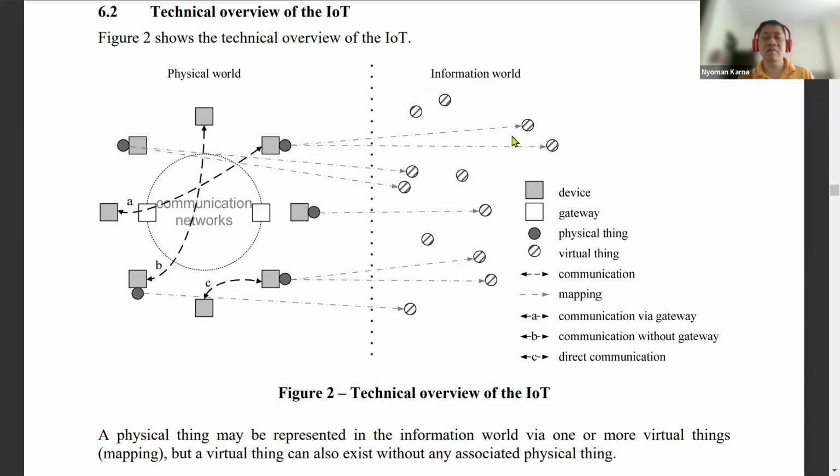Now, if we want to process that information, we need a device to transform that virtual thing, that information, into something quantifiable, so we can quantify it.